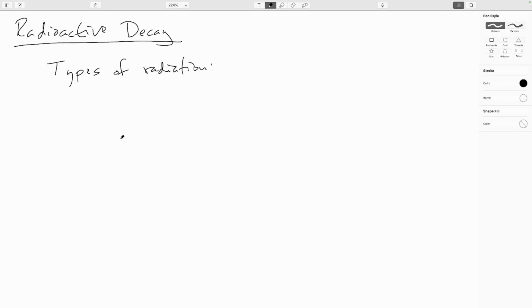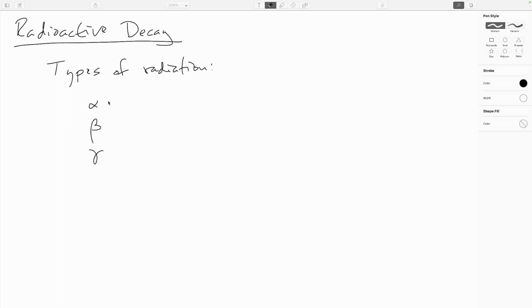So they get the names alpha, beta, and gamma because back in the day when radioactivity was first being explored by people like the Curies, they knew that they were looking at three different kinds of radiation, but they didn't know what they were. So they picked the first three letters of the Greek alphabet.